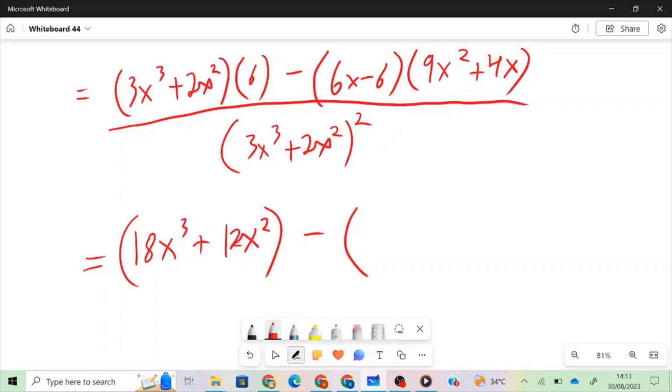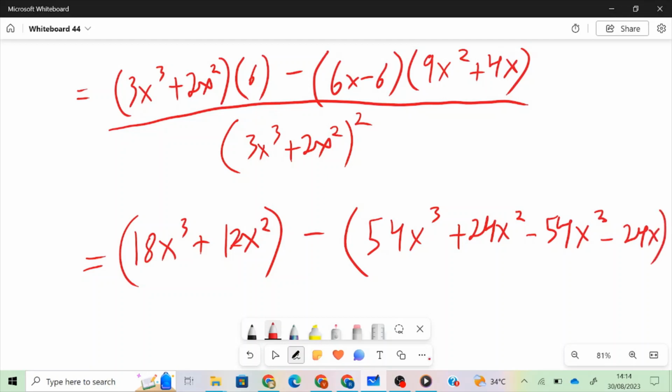Expanding the next side, we have 6x into 9x, that's 54x cubed, plus 24x squared, minus 54x squared, minus 24x squared.